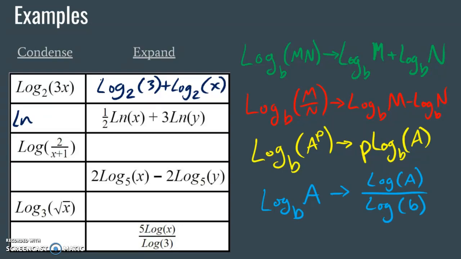The 1/2 is going to move up and become an exponent on x, but the 1/2 power really is the square root symbol in disguise. So really, for this second example, this is what's inside: the square root of x times y cubed.